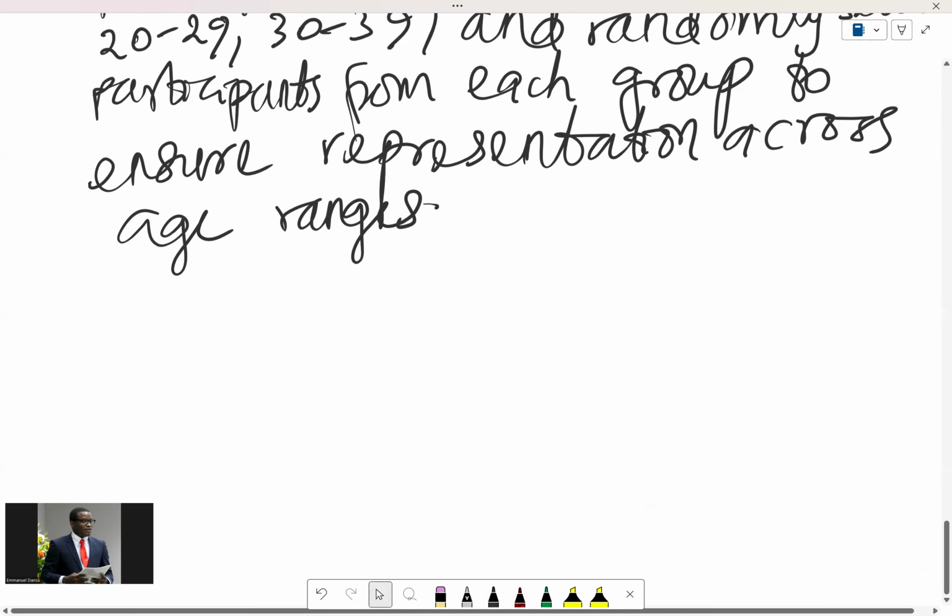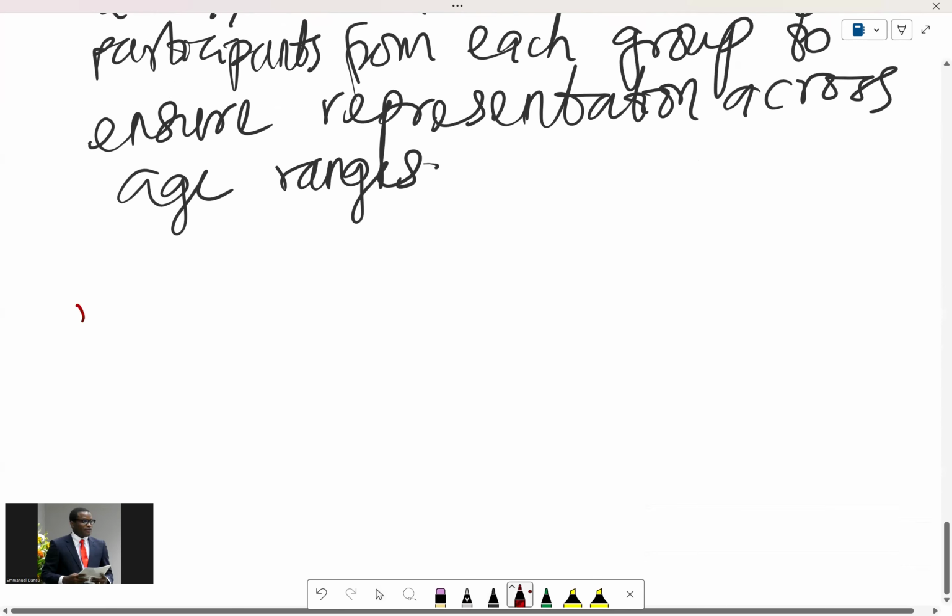Okay, so we go to the third sampling method, which is called the cluster sampling. Random, stratified, and now cluster sampling.